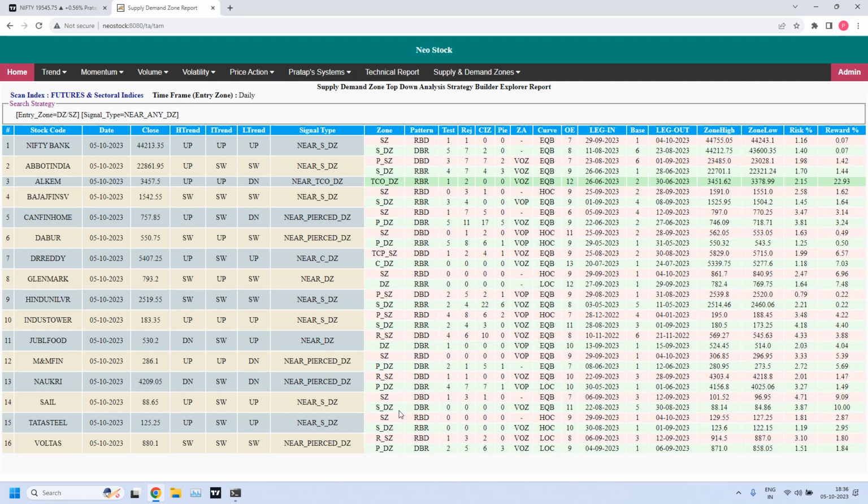We didn't get the entry today. It's a fresh zone and Tata Steel is also there. Today we didn't get the entry. They are fresh zones. But remember, Tata Steel is high on the curve, so you should be careful. So these are all the stocks near to the daily demand zones.